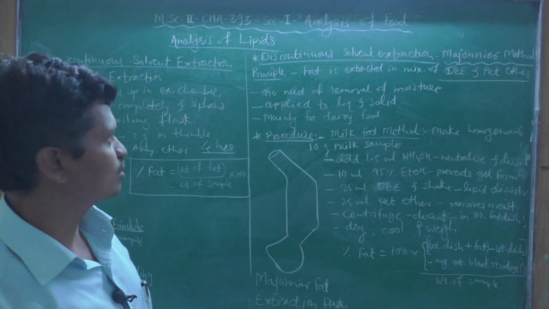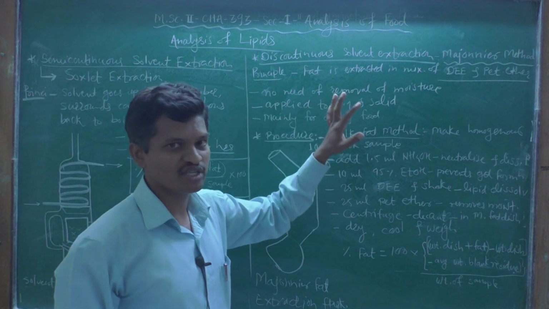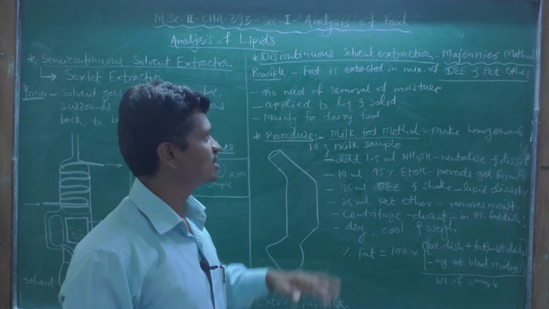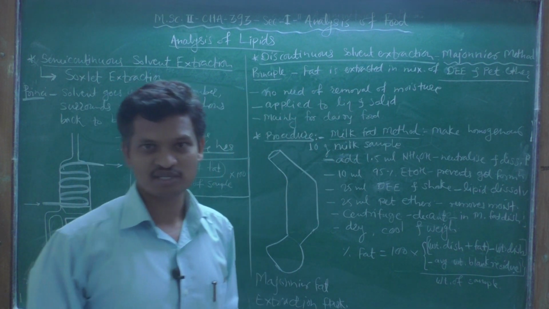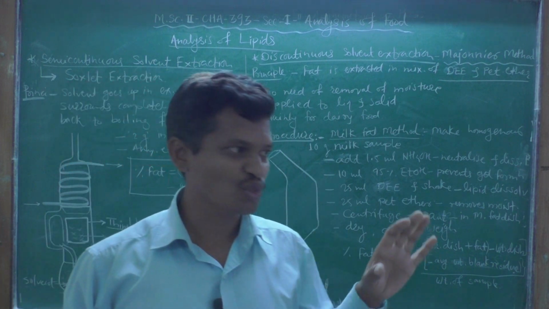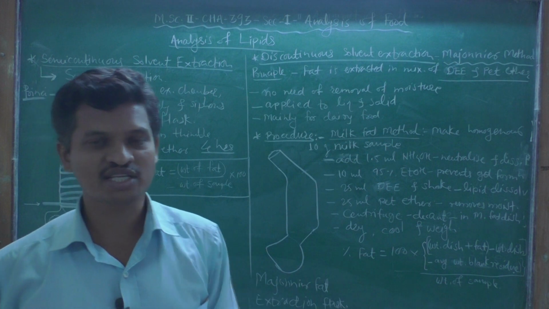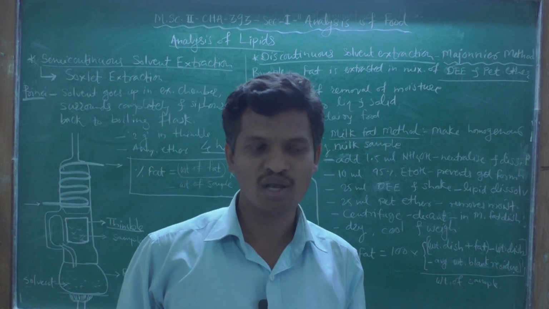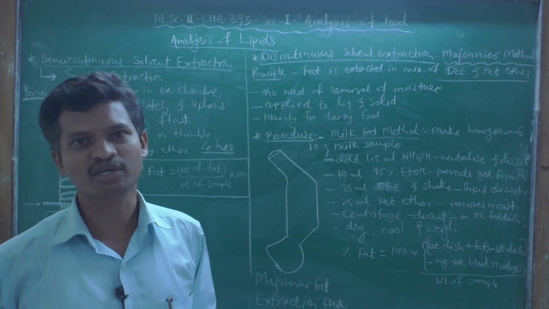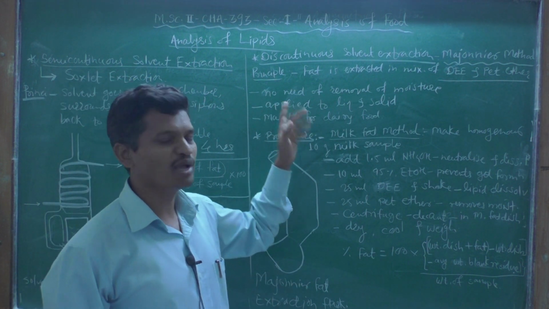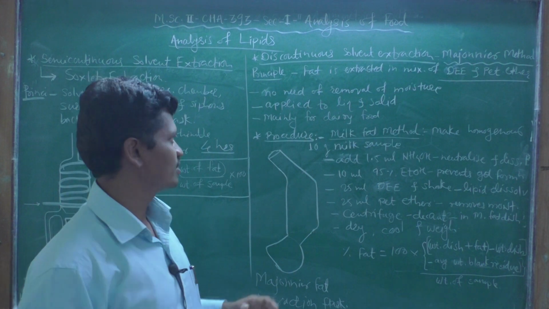I have already told you that there is no need for removal of moisture. This is one of the benefits of this procedure. Then this can be applied to both liquid and solid food samples. Though the time required for fat analysis by this discontinuous solvent extraction, Mojonnier's method, is very long compared to continuous and semi-continuous methods, it is very beneficial that it can be applied to both liquid and solid samples.